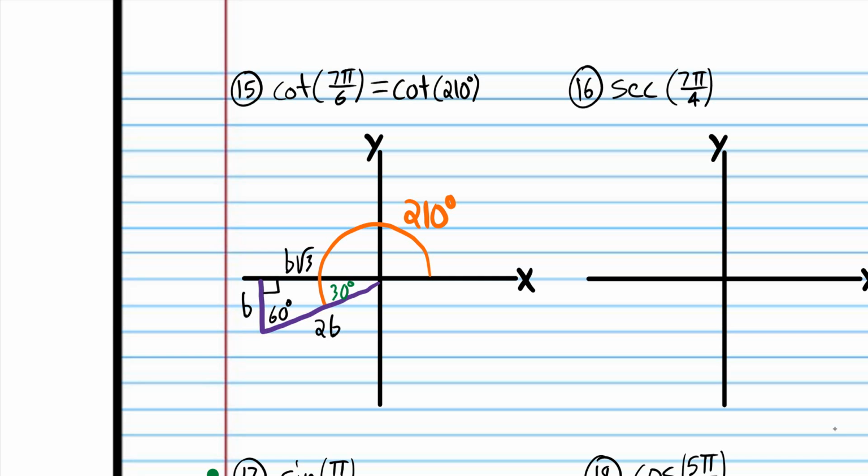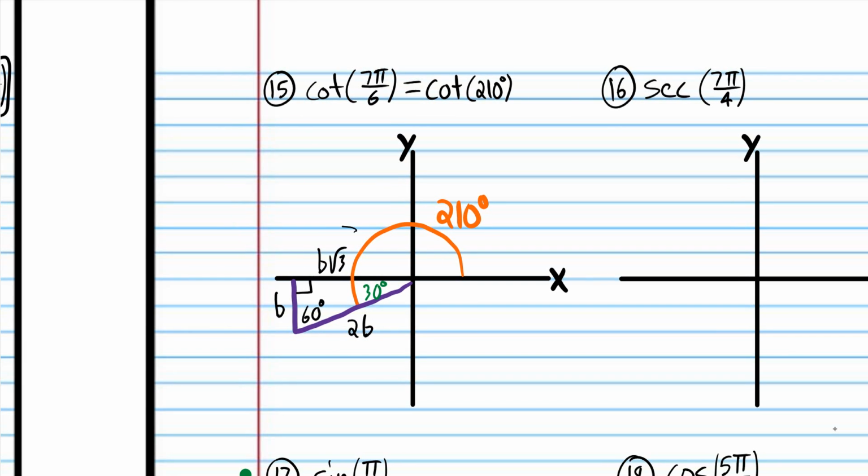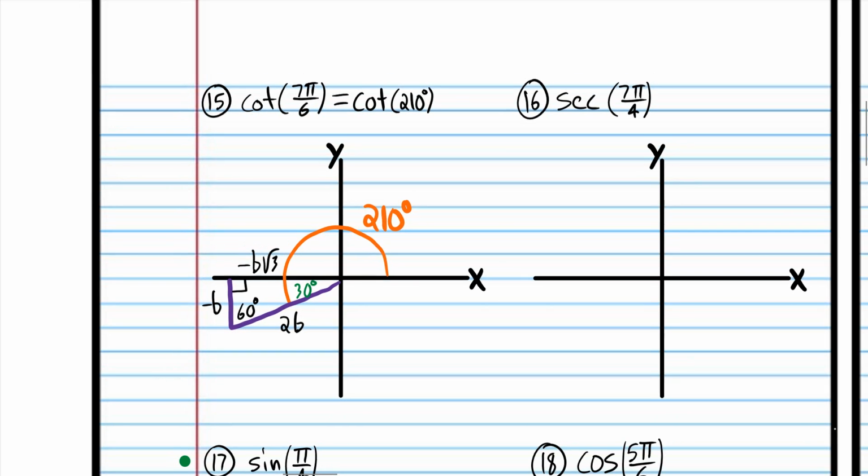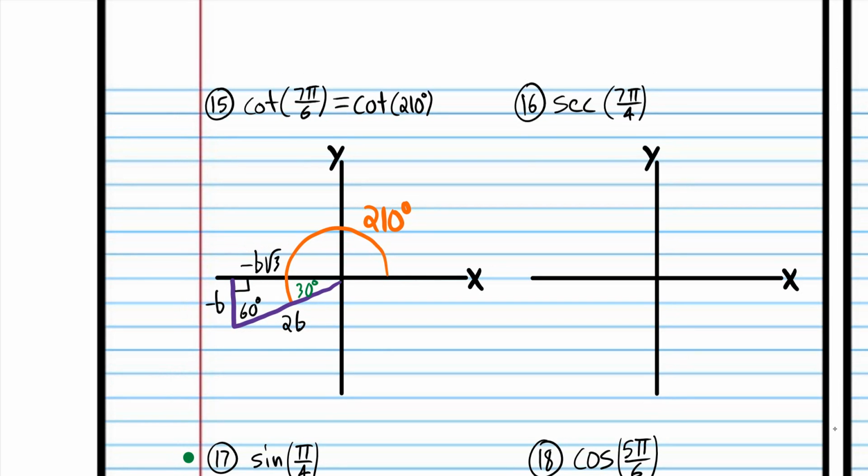But I've forgotten to do something very, very crucial. This number and this number are going to be negative. Now remember, the hypotenuse is never negative when you're calculating the values of these trigonometric expressions. But this side is negative because it's to the left of the y-axis, and this side is negative because it's below the x-axis. Again, this should all be review for you.